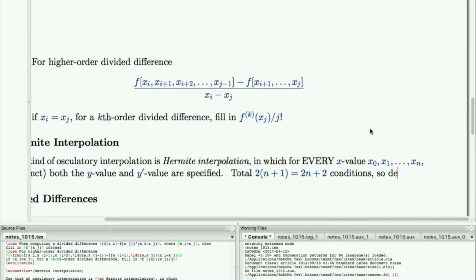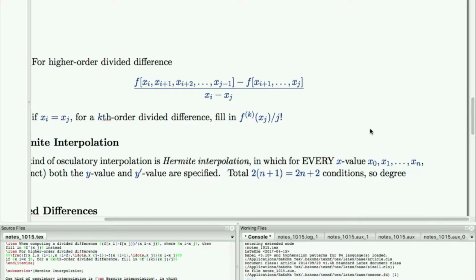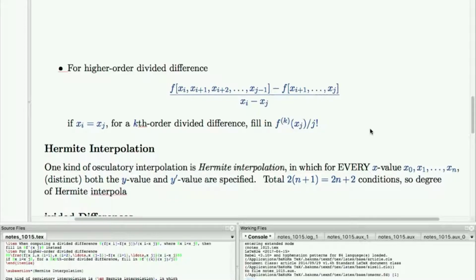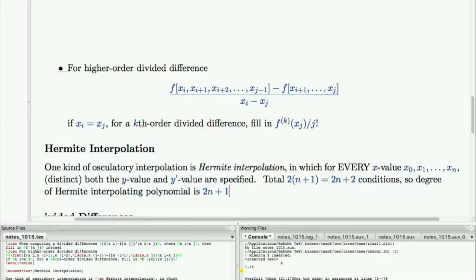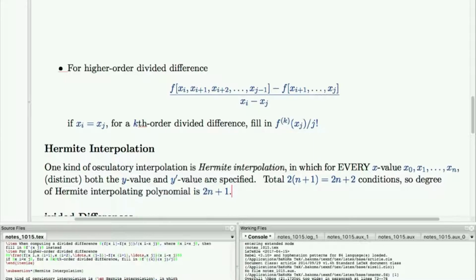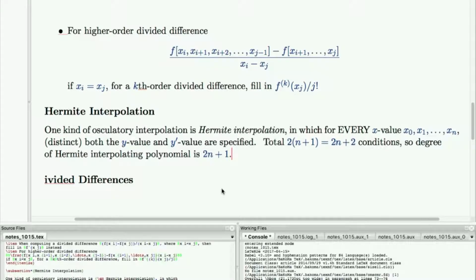So the degree of the Hermite interpolating polynomial is going to be 1 less than that, 2n plus 1. So before, with Lagrange interpolation, we had n plus 1 points, n plus 1 conditions, so it's degree n. Now we have n plus 1 points, 2n plus 2 conditions, so degree 2n plus 1. Okay.